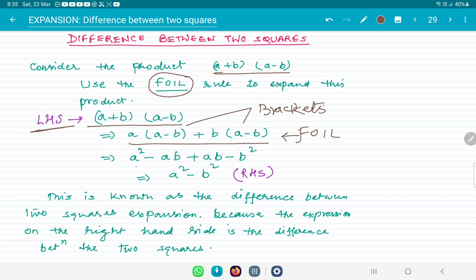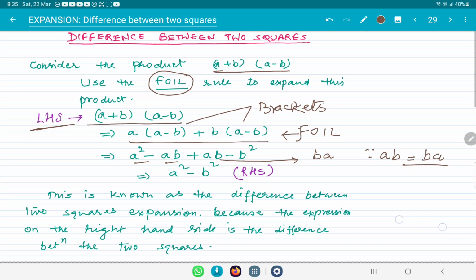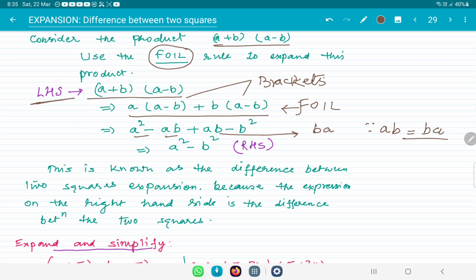So a multiplied by a is a square, minus ab, plus ab, and minus b square. Students, here it should be ba, but according to the commutative law of multiplication, since ab can be written as ba, we can write ba equals ab and ab equals ba wherever required.